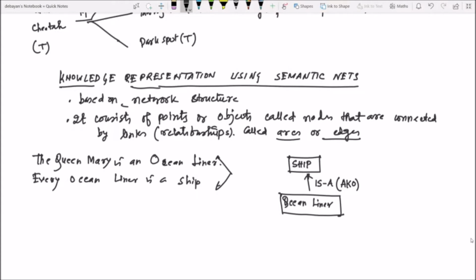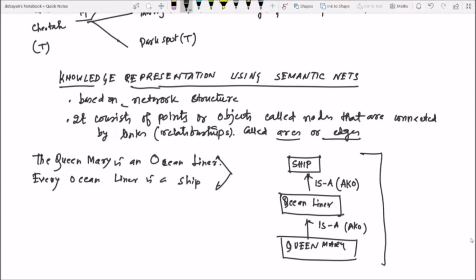So here is one type of knowledge representation, called semantic nets. Queen Mary is an ocean liner and every ocean liner is a ship. So we write ocean liner is a ship, and Queen Mary is also an ocean liner. So this is a kind of relationship.